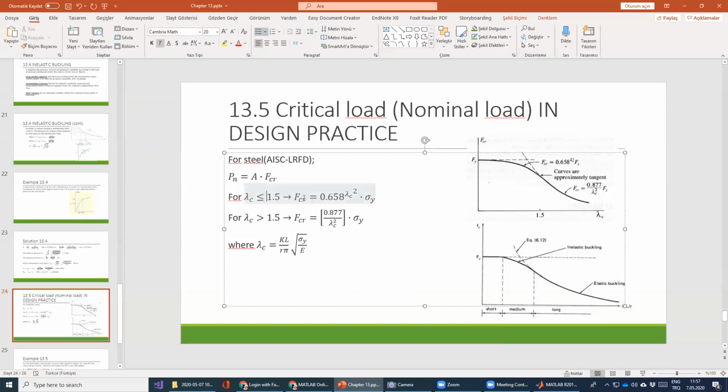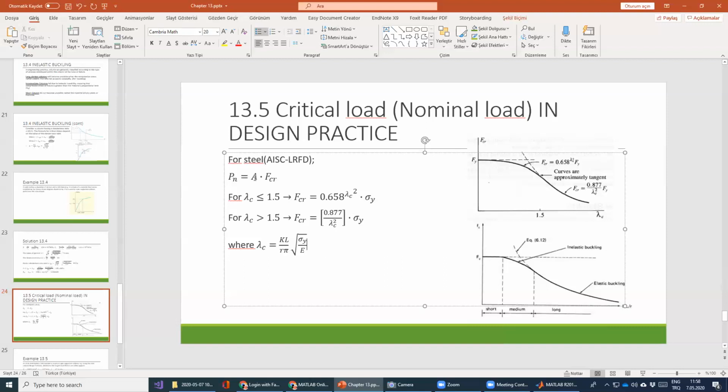Lambda critical, lambda C, is computed from this formulation, K L over r pi times the square root of sigma y over E. If this value is smaller than 1.1, sigma critical is computed from this formulation. If greater than 1.1, sigma critical is computed from this other formulation. That's it, this is the sigma critical. If you compute with the gross area, we can obtain the nominal force.